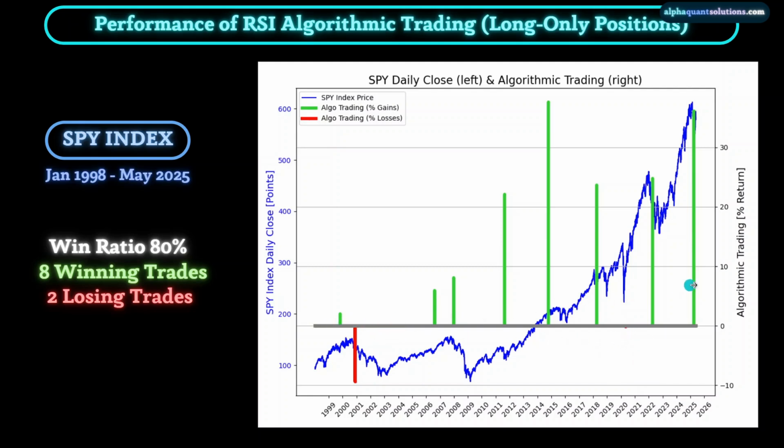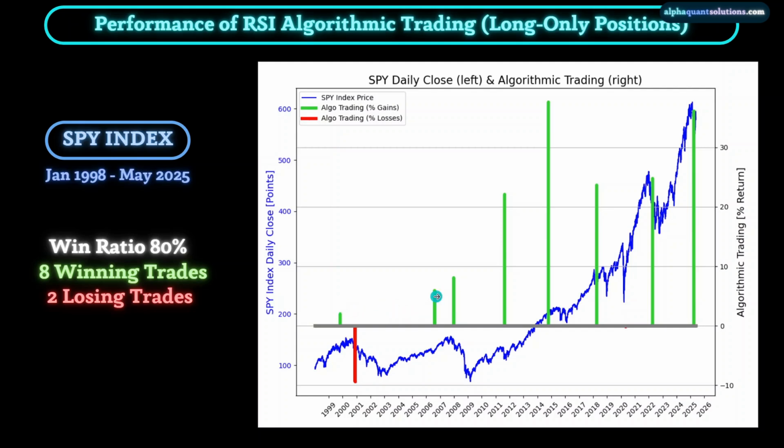Other than that, we see an impressive series of winning trades of really high percentage gain. So 5 of them are above 20%, going up to the high 30%. Again, these show the moments of the trade exits. These trades also have very long holding positions, on average 1 to 2 years.